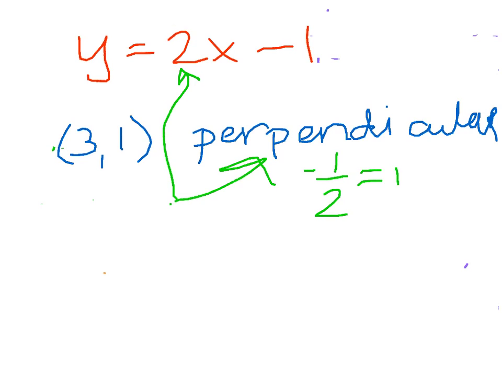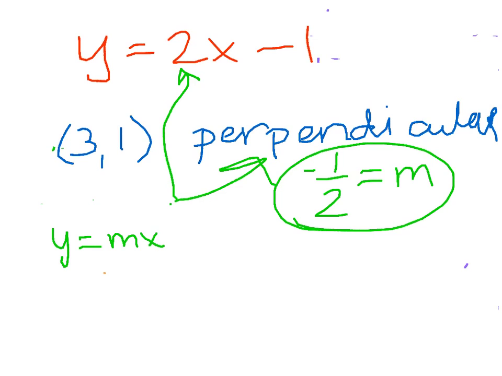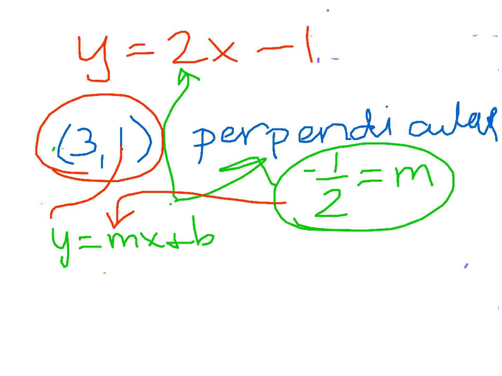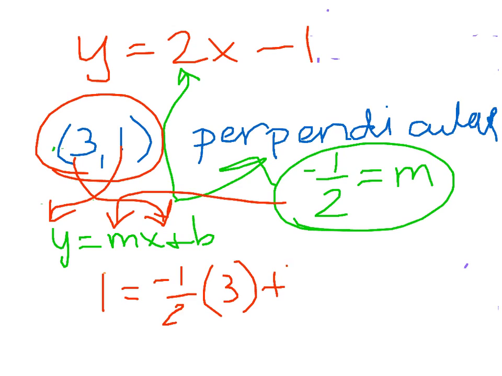So I know the new m for my new equation, but I don't know the new b. So I'm going to use the formula y equals mx plus b. I am going to plug in this for m, and then I'm going to use this point to plug in this for y and this for x. So I would get 1 equals negative 1/2 times 3 plus b, and then I would just go ahead and solve for b.